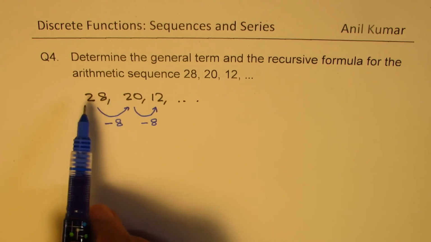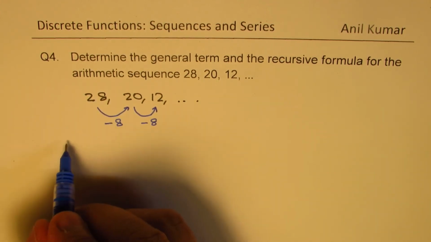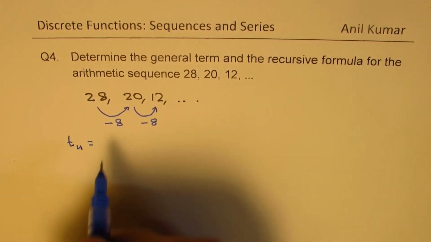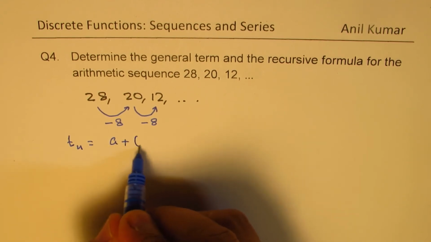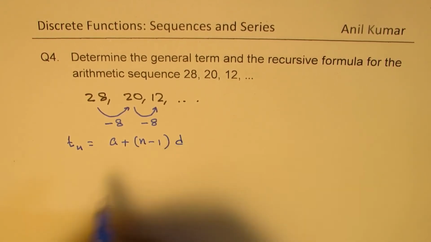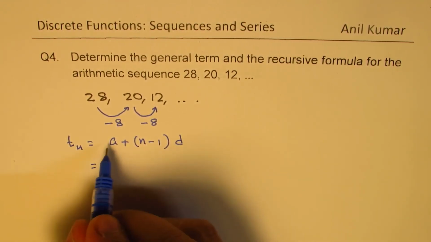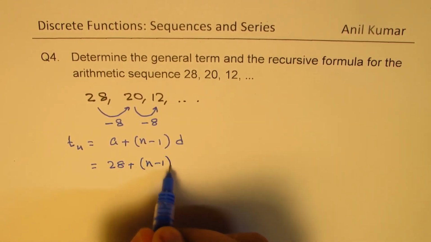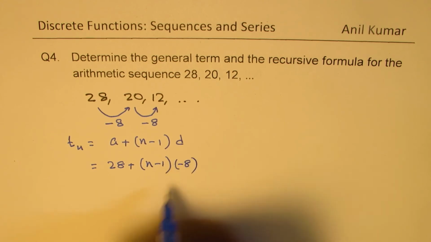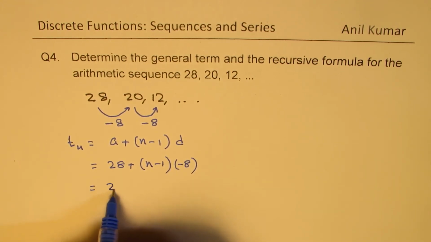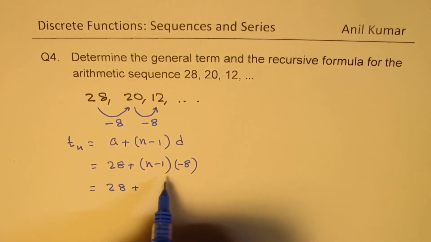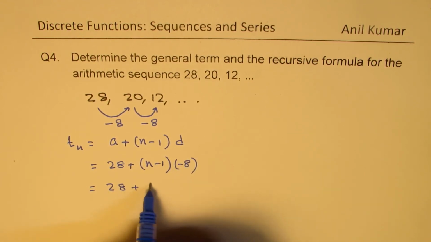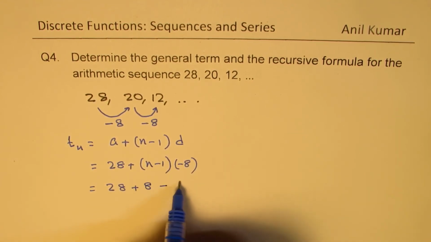So the general term Tn can be given as a plus n minus 1 times d. In this particular case, a is 28, plus n minus 1, and d is minus 8. So we can now open the bracket. We get 28 plus, let me multiply this number with 8 first, we get plus 8 and then minus 8n.